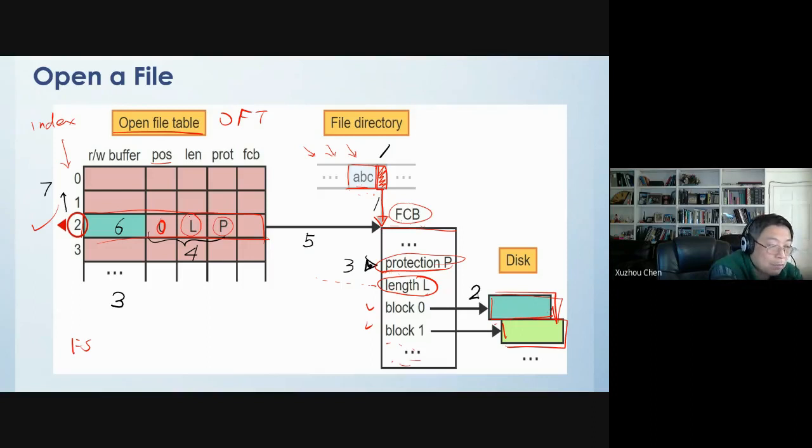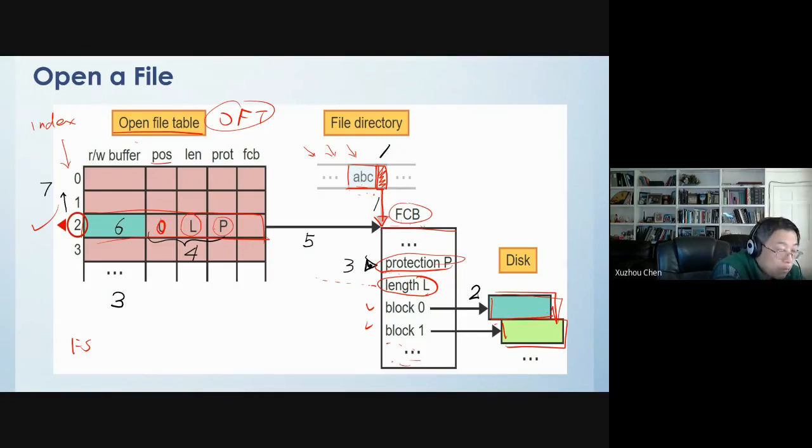Every time another process wants to write or read, it checks the protection information because the file is open. So some of the FCB information will be copied to the OFT, the open file table.